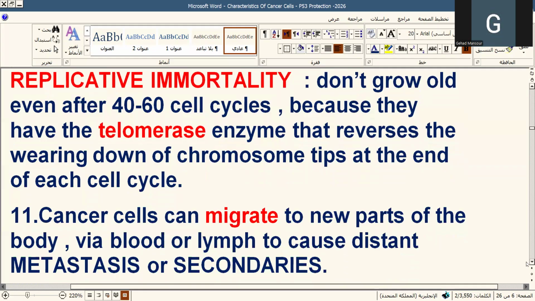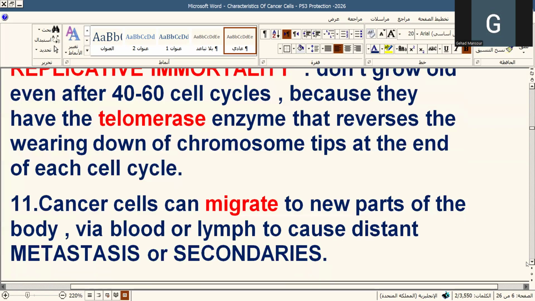And this is what leads them to stop and to undergo apoptosis, commit suicide, die and be recycled into other cells. But when we say that cancer cells have replicative immortality, this means that they continue replication. They do not get old. They do not stop dividing. Because why?